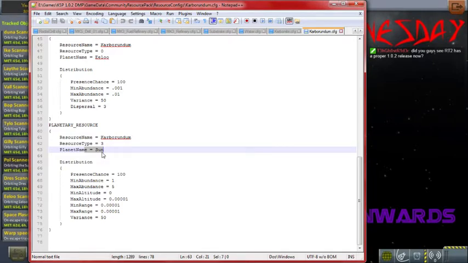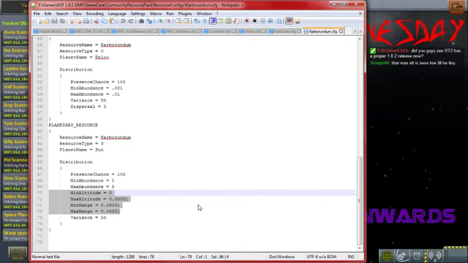Kinda curious, that is, because these values here are very small. Shirty's kind of with me on this one.